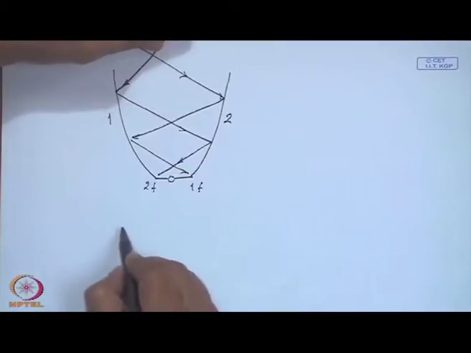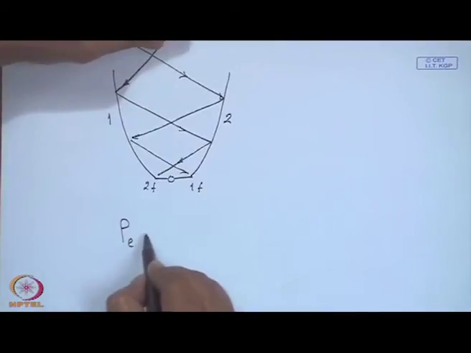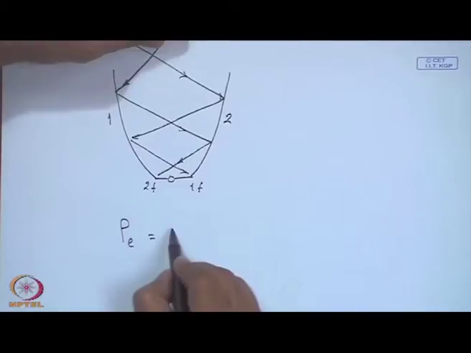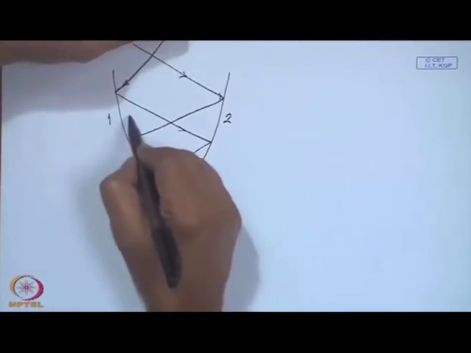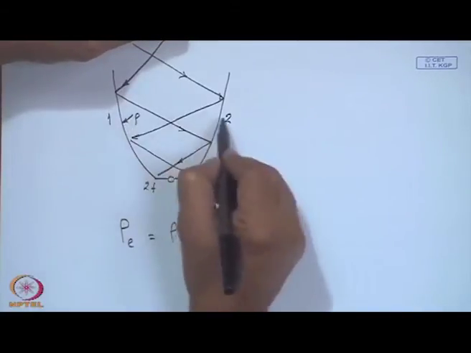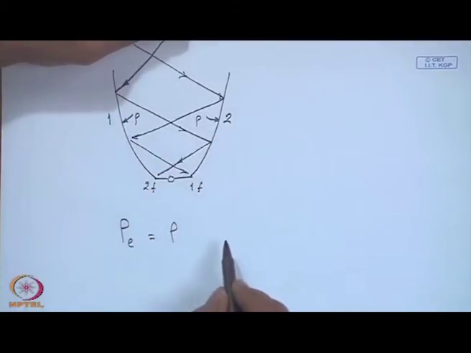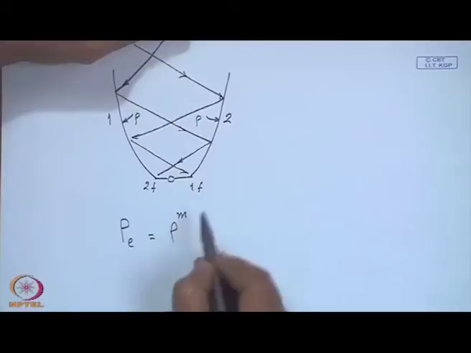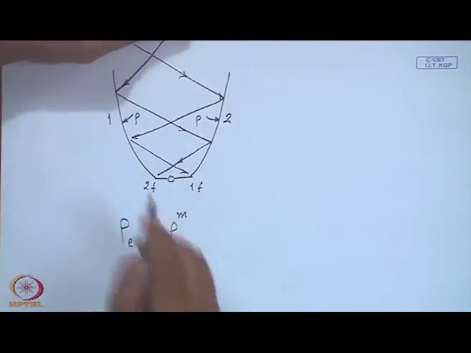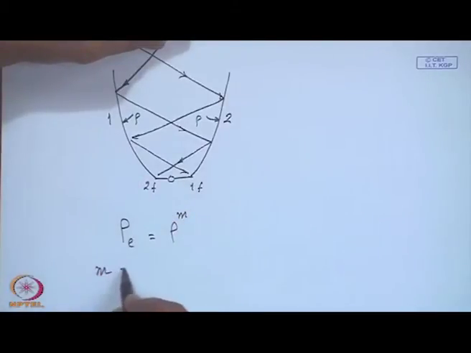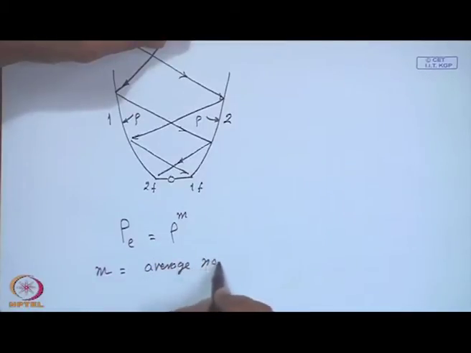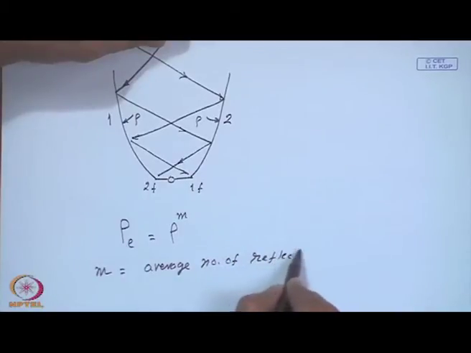People have found rho effective should be related to rho of the surface, that is the reflectivity of the surfaces, to the power m, where m is the average number of reflections.